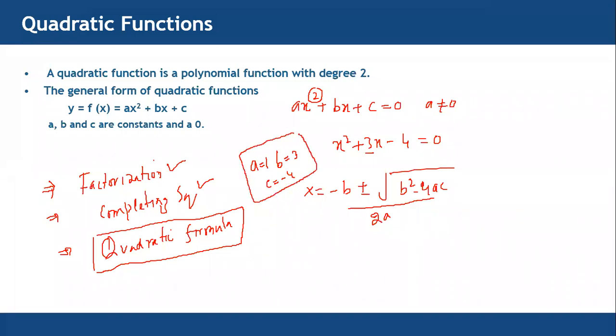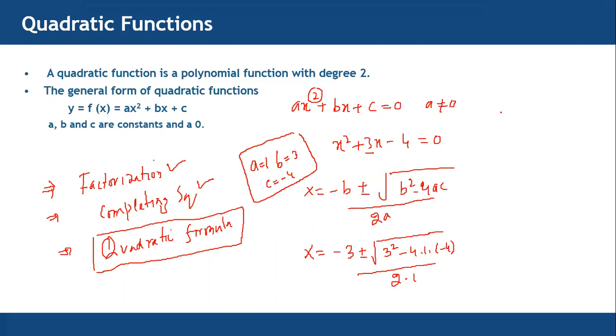So just put them in the equation: x is equal to minus b, meaning minus 3, plus minus the square root of b square, so 3 square, minus 4ac, where a is 1 and c is minus 4, divided by 2 multiplied by a, which is 1.